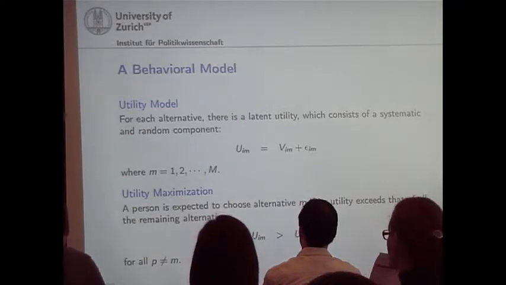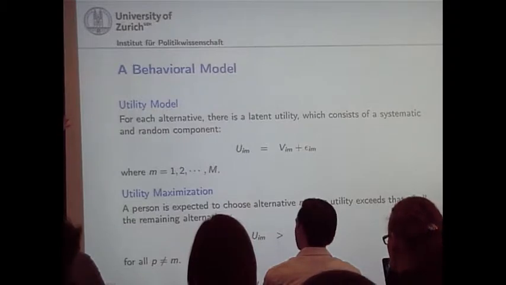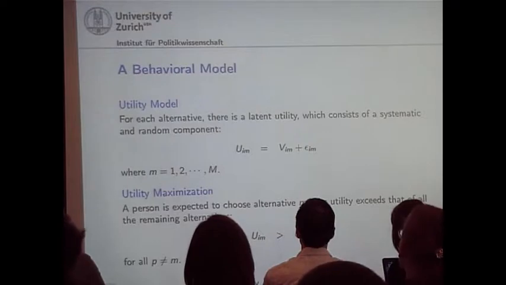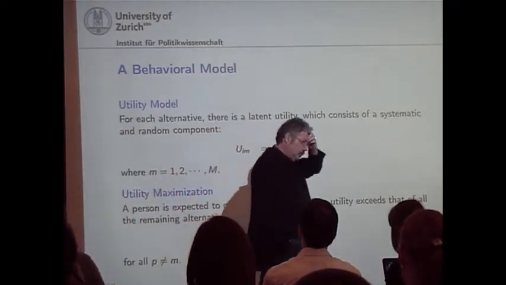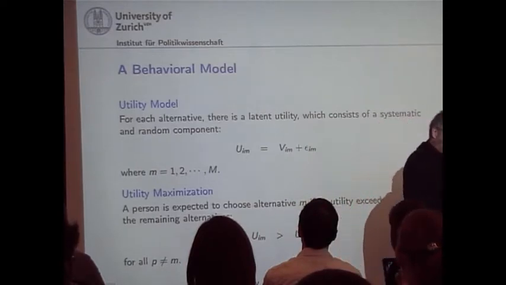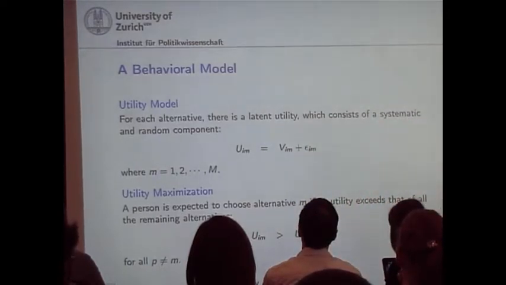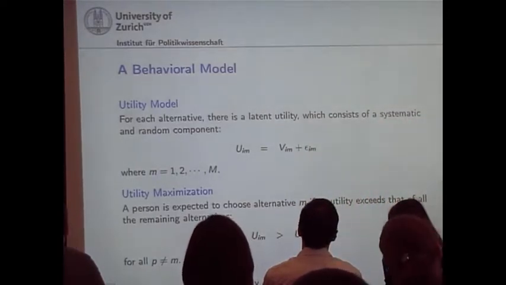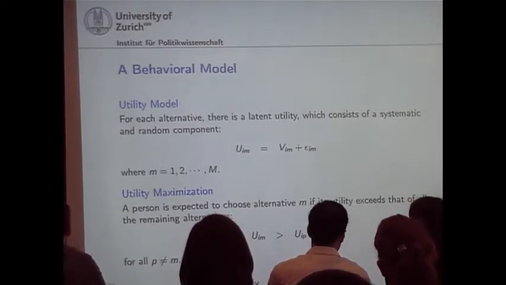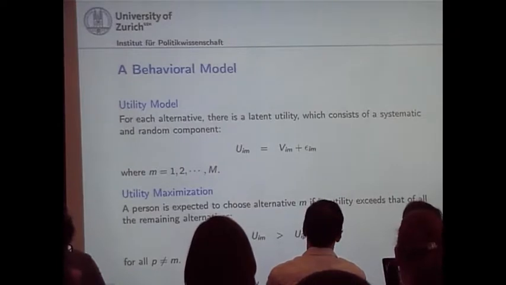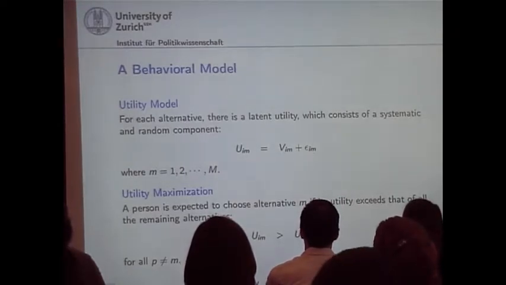Epsilon IM is all of the stuff that we as researchers are not aware of, because we never thought of them as things that might influence the utility, or because we lack the measures. So that's one interpretation of this epsilon: it's the researcher's ignorance.